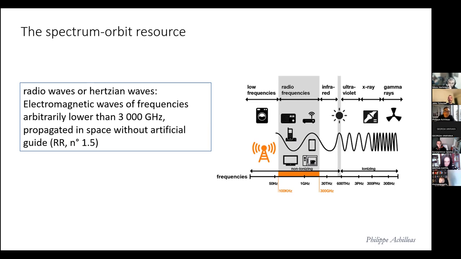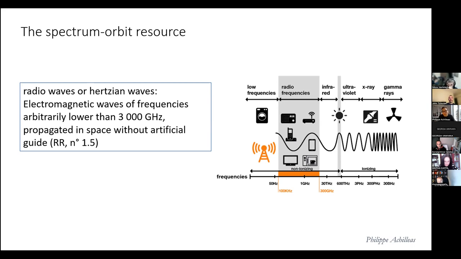And in international law, the spectrum, that is to say the radio waves available, is limited to 3000 gigahertz, because other frequencies exist, but you cannot use them to communicate.